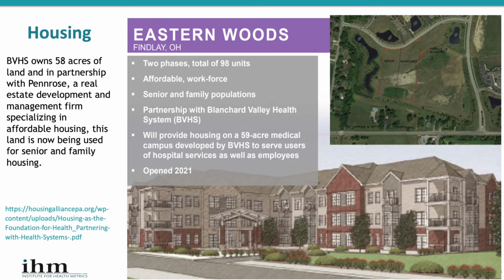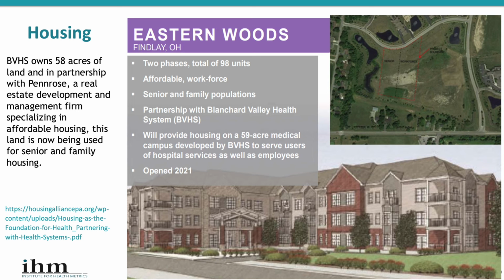Housing can be a huge problem. And obviously, housing for the homeless is critically important, but also is affordable housing. And this example is a partnership with Blanchard Valley Health System in Western Ohio. They own land and they partnered with a real estate development program, a company called Penrose, that specialized in affordable housing.